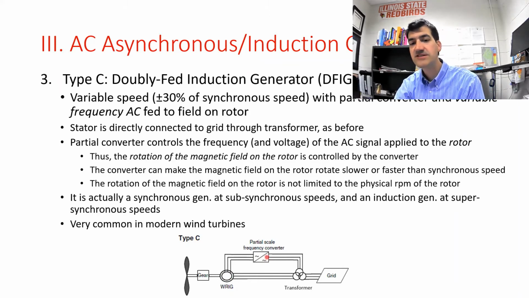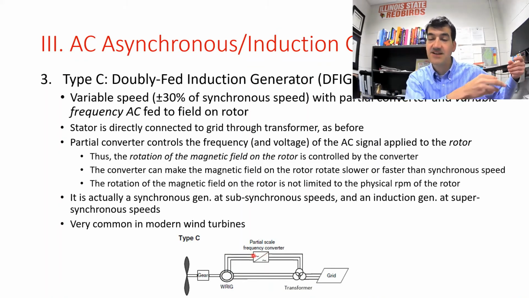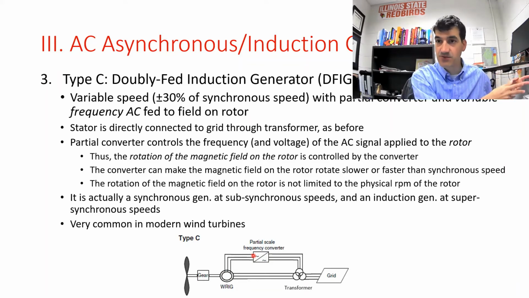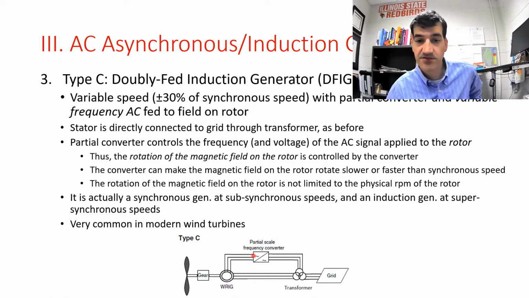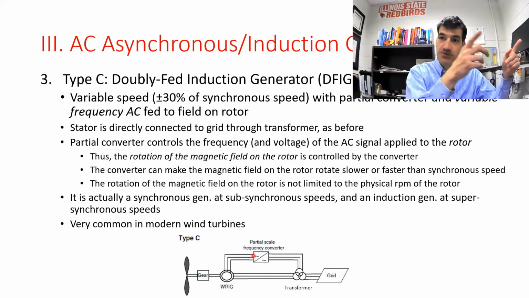It actually converts the AC from the grid to DC and then converts it to whatever frequency AC it needs to apply to the rotor. So the converter in this design applies a variable frequency AC to the rotor.